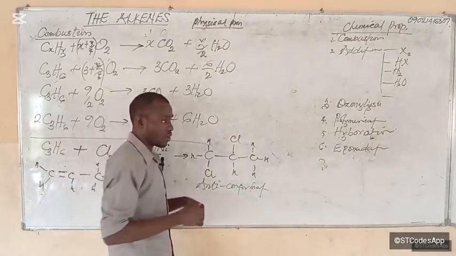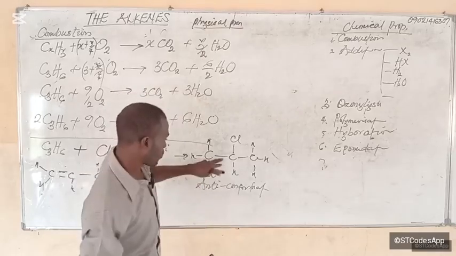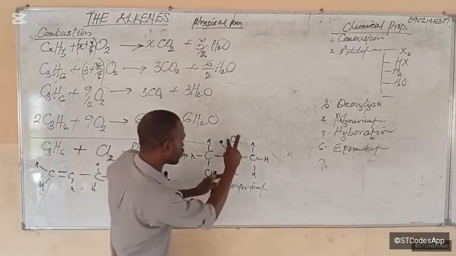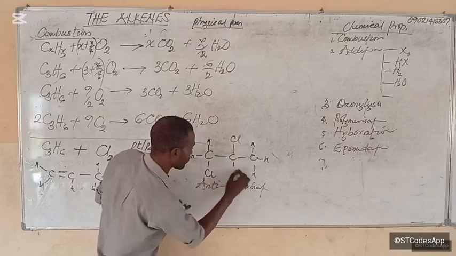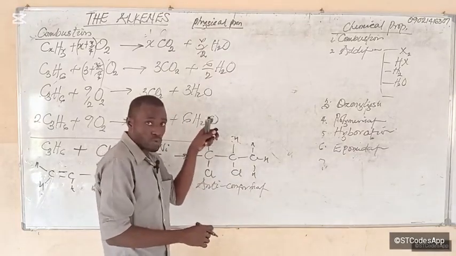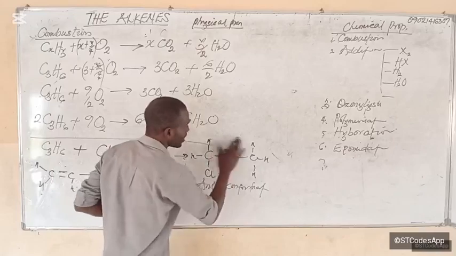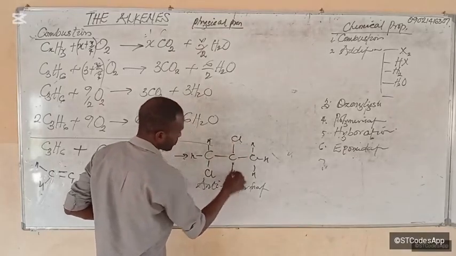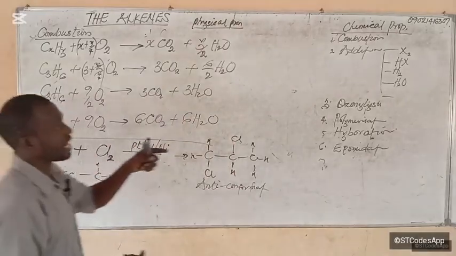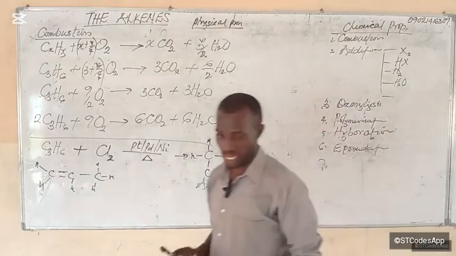And all substances want to attain a lower energy state. So this one has a lower potential energy than if the two Cl, for example, if it were like this. So this one will have a higher potential energy than what we first wrote. So it will not like this conformation. It will prefer a lower energy state. Do you understand now? So this is what you will get under addition of this guy. All right? Okay.